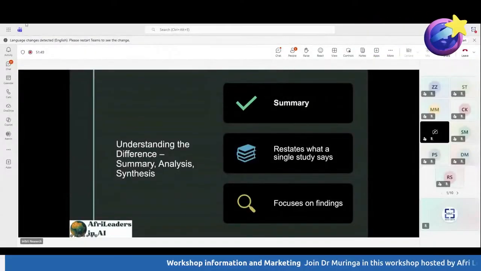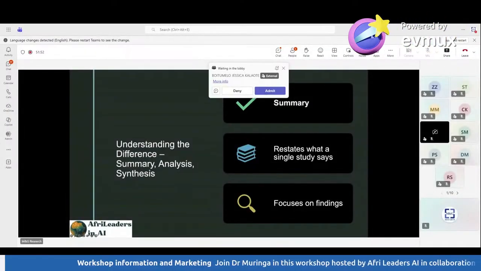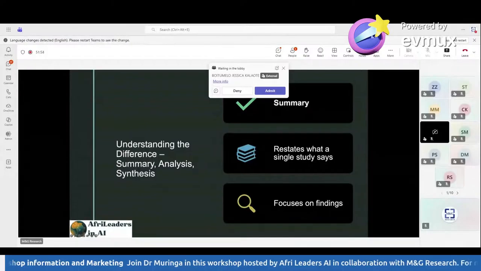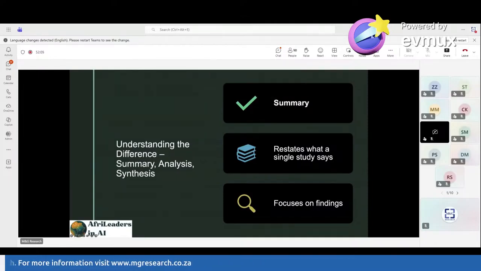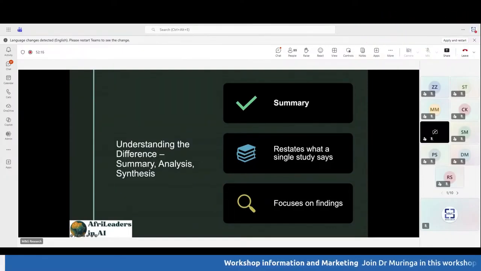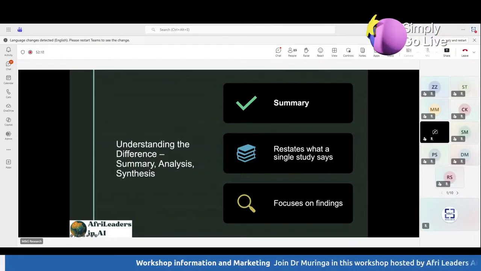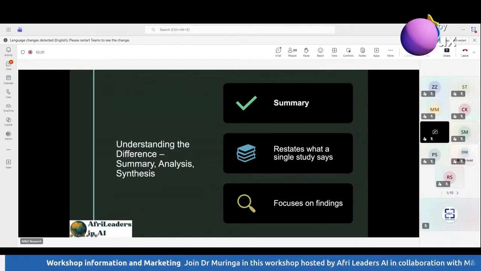Now, for us to get to a synthesized literature review, fundamental things need to be considered. We need to understand the differences between a descriptive review, which we've already identified, a summary, which is one of the things that most students present to us, an analysis, and a synthesis.